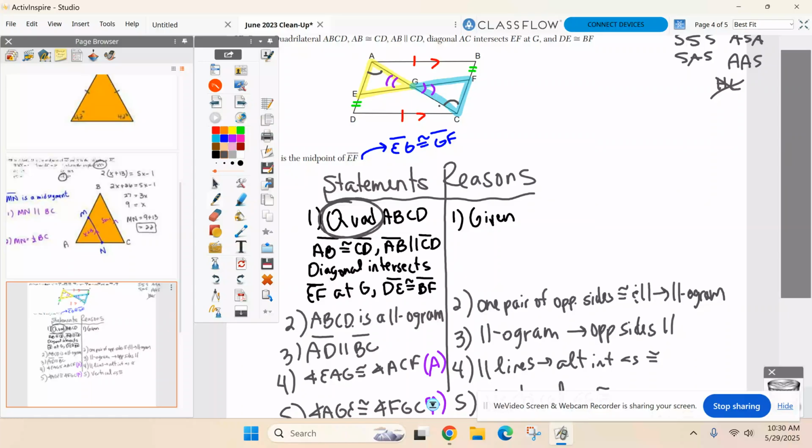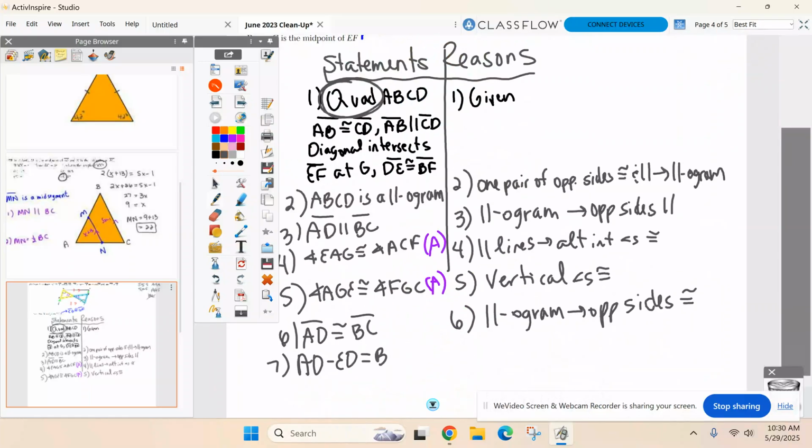And what else? BC minus BF. Subtraction. And I promised you, and I stayed to my word, starting from Unit 2, and now we're almost done with the year. I'm so sad. Substitution.